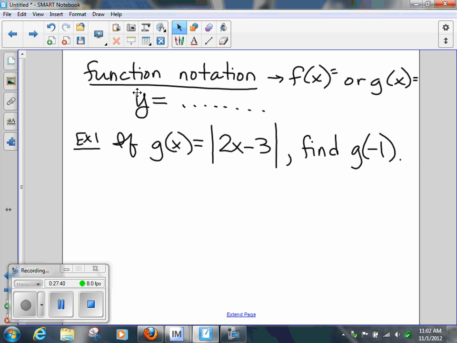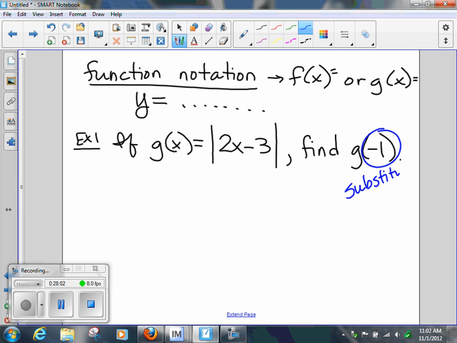This looks like it's crazy, but this is so easy. What property are we going to use? All we're doing is substituting, folks. I'm substituting negative 1 in place of what? X. That's all. Substitute negative 1 for x.